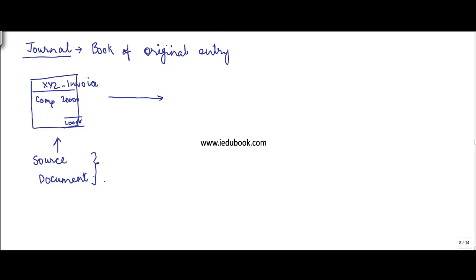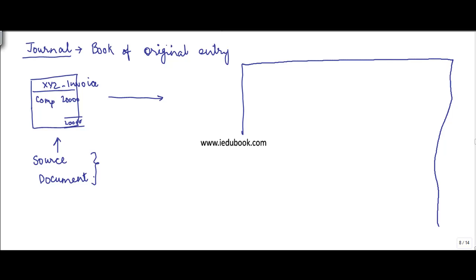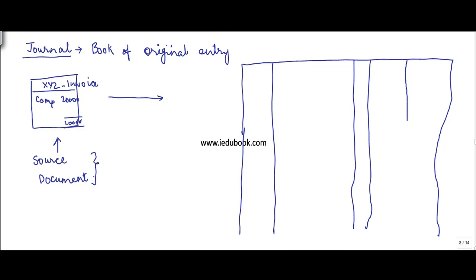Now in this case, you have to record this transaction in your books of accounts. So a journal is the book of original entry, and it looks something like this. The first column is the date.